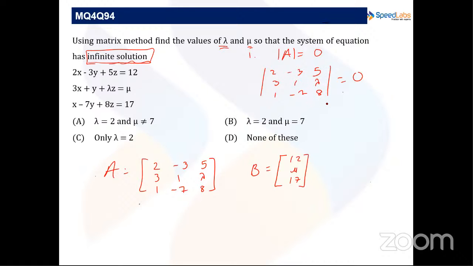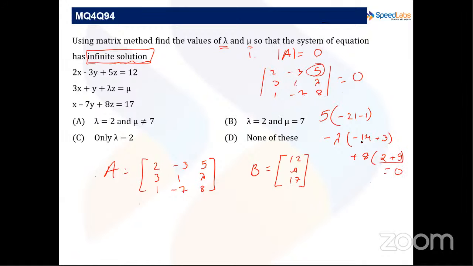on solving, 5 into minus 21 minus 1 minus lambda into minus 14 plus 3, plus 8 into 2 plus 9 equals 0.